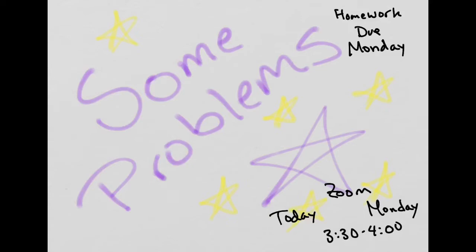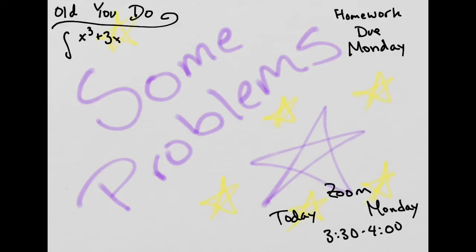So actually, let's do the old you-do. If we look at this one, that was the integral of x cubed plus 3x minus 4 all over x squared dx. Before you can take the antiderivative with what we understand, we want to rewrite this.